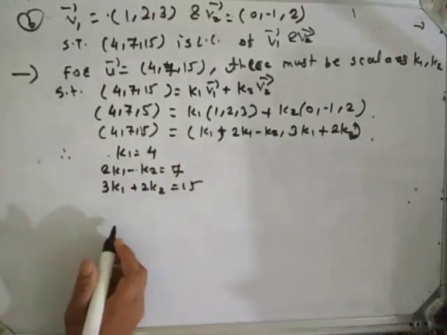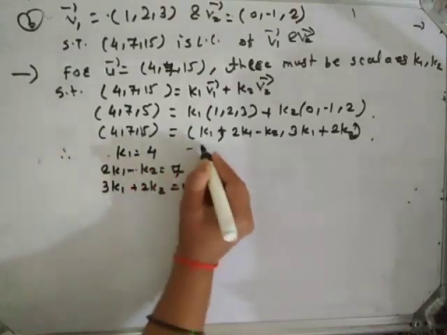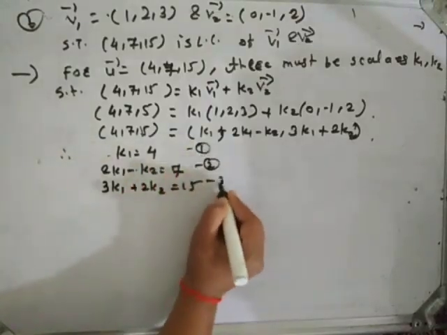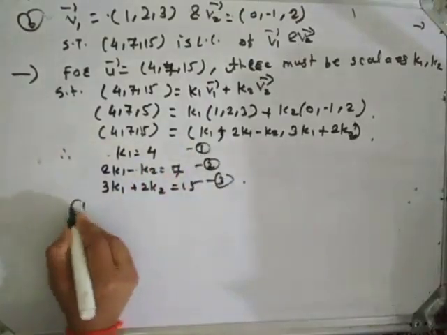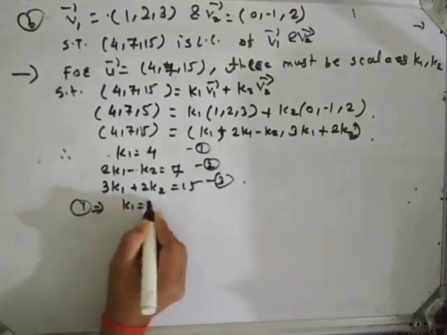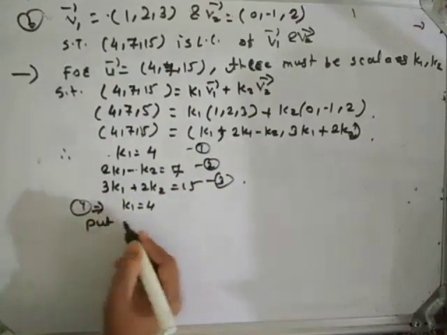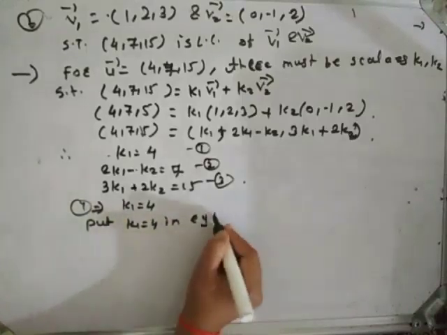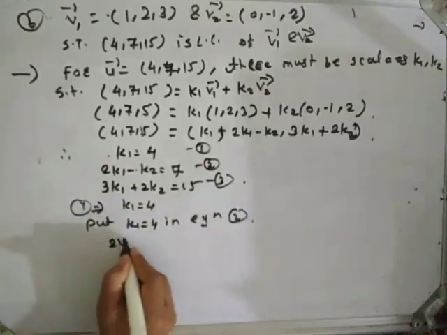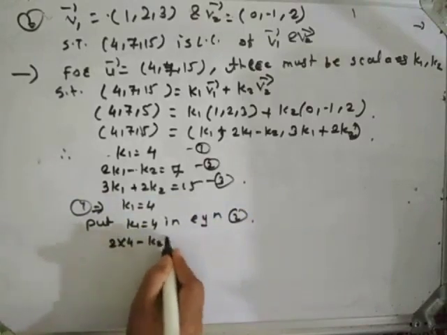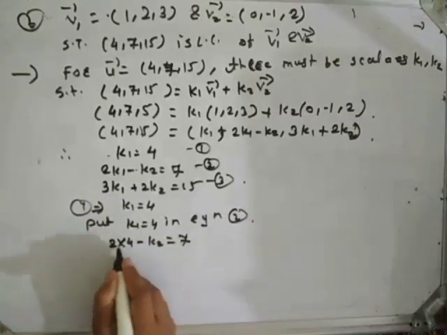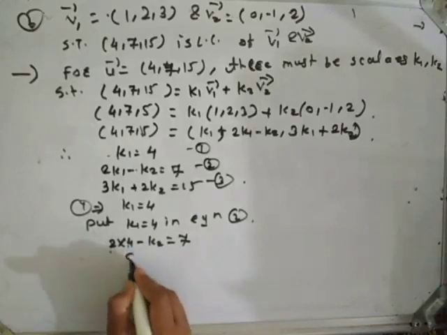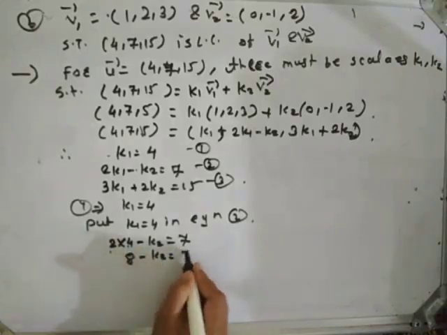Solve this. See here. Suppose this is equation 1, this is 2 and this is 3. Equation 1 implies k1 is equal to 4. Okay. Put k1 equal to 4 in equation 2. We get 2 into 4 minus k2 is equal to 7. So 2 into 4 is 8, minus k2 is equal to 7.